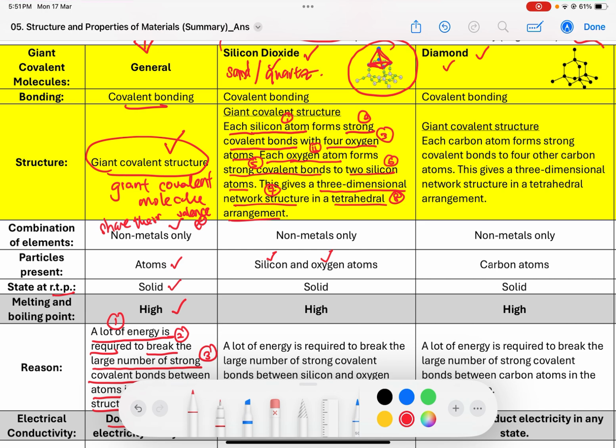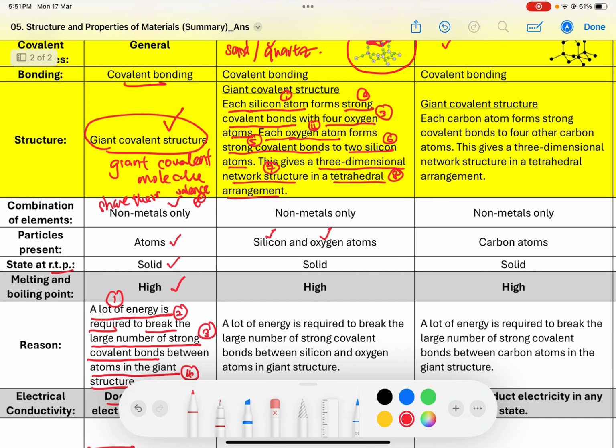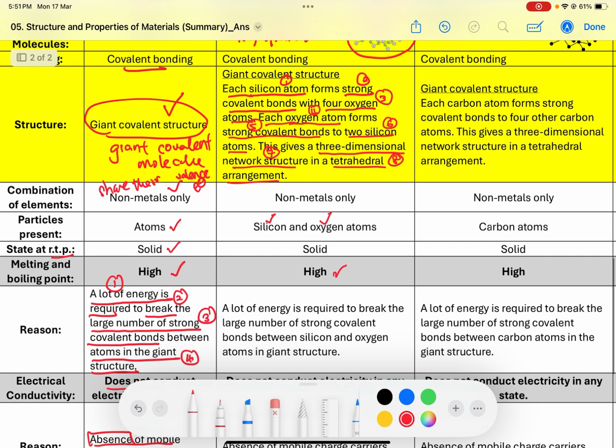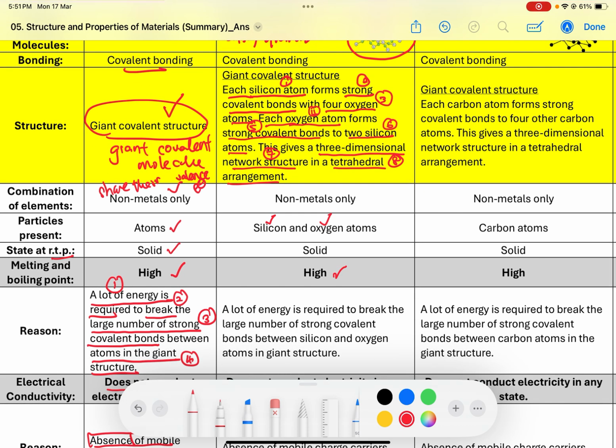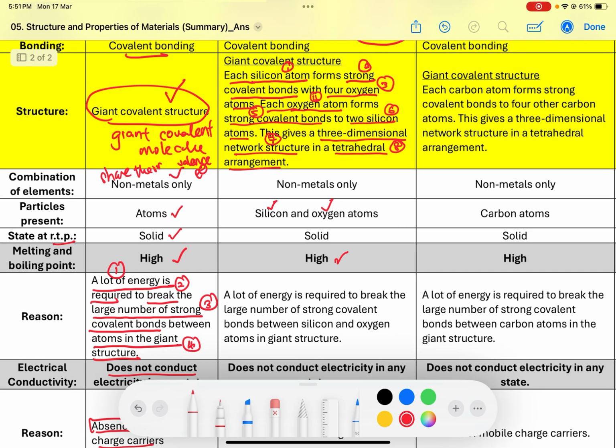Now, in terms of melting and boiling point, because they are giant covalent structures, obviously their melting and boiling points are high. So why is it high? You will look at the description for giant covalent structure and look specifically at silicon dioxide. A lot of energy is required to break the large number of strong covalent bonds.